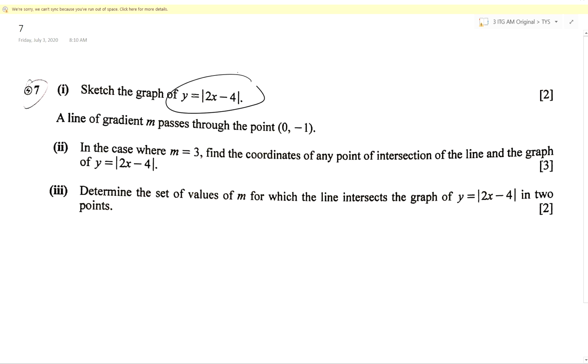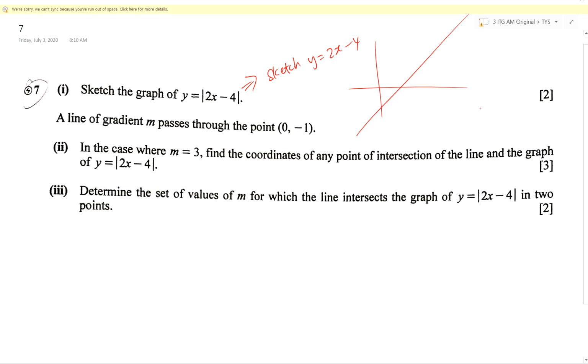Sketching the graph. Do you understand the modulus? Modulus is not scary. Basically anything that is negative becomes positive, that's all. So sketching this graph means sketch y equals 2x minus 4, and you just flip everything that is below the x-axis upwards. 2x minus 4 doesn't take you long to sketch. It is a sloping line, passes through negative 4.